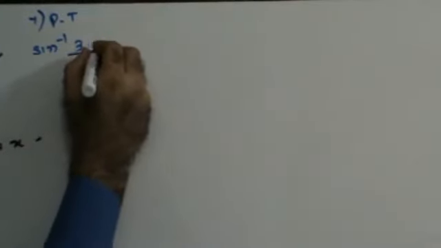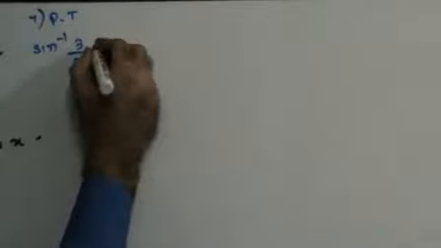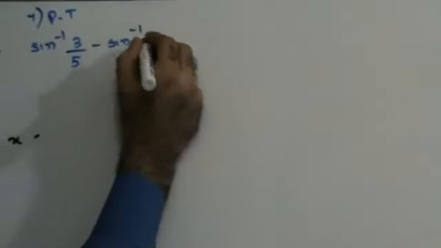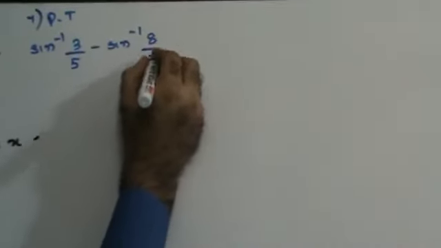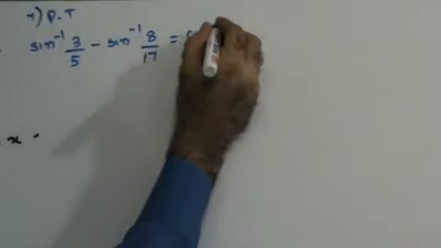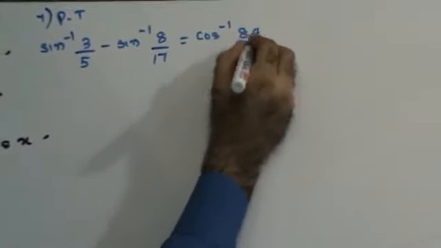Let's see another sum, guys. Prove that sine inverse of 3 by 5 minus sine inverse of 8 by 17 is cos inverse of 84 by 85.